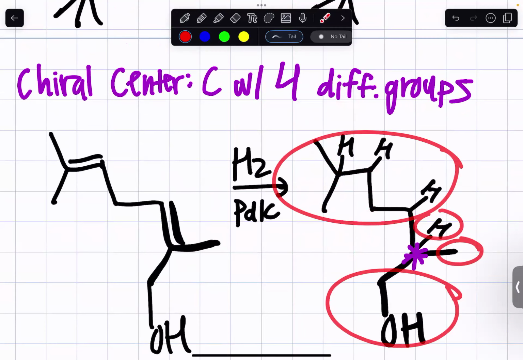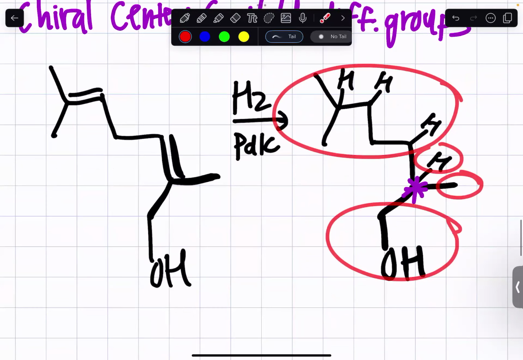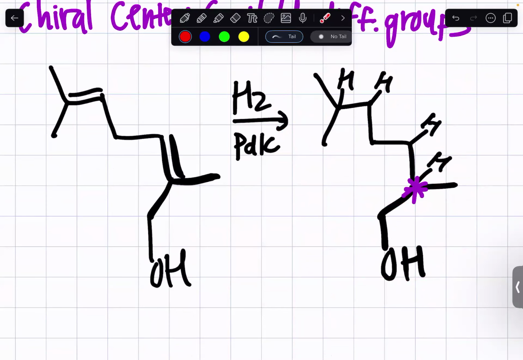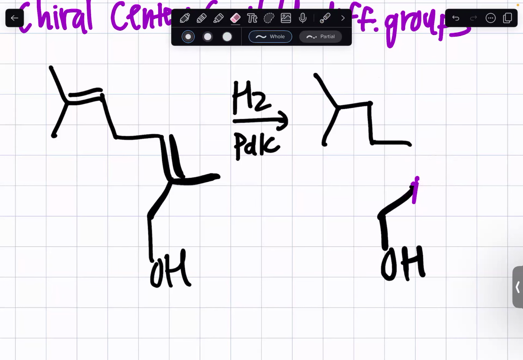Notice how when we do hydrogenation, we said that it could either attack on the top side or bottom side, right? Let's say that this hydrogen here attacked on the top side, making that a wedge. If that became a wedge hydrogen, that forces the methyl to become a dash.